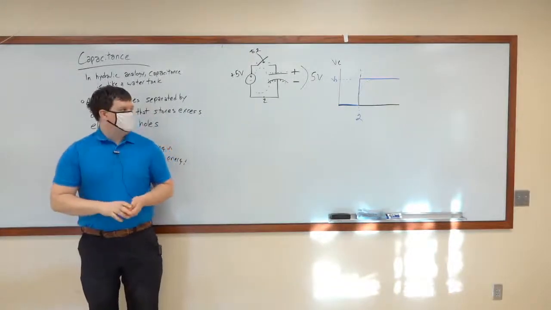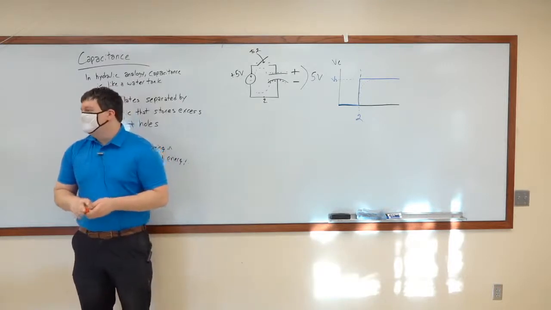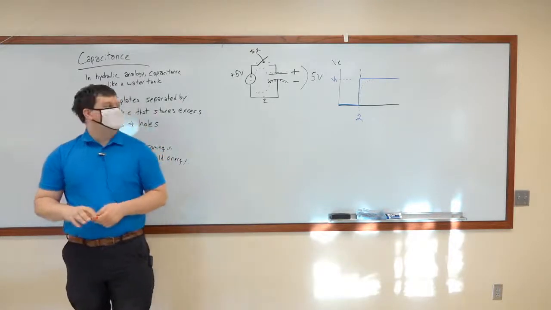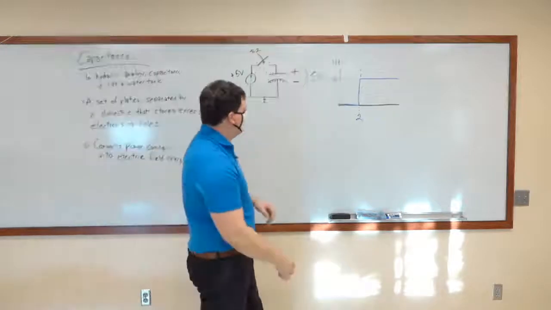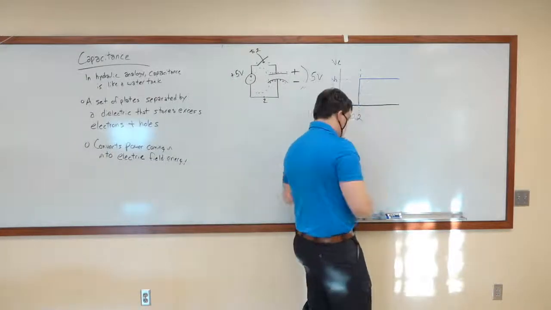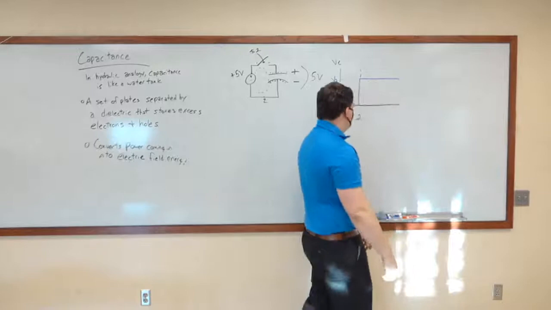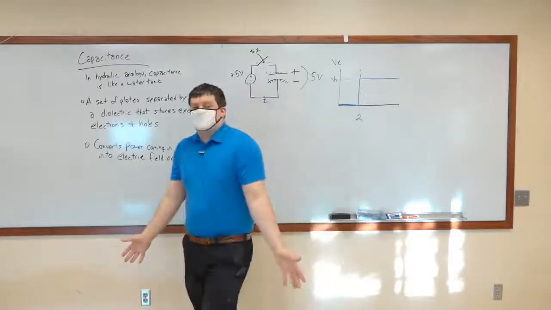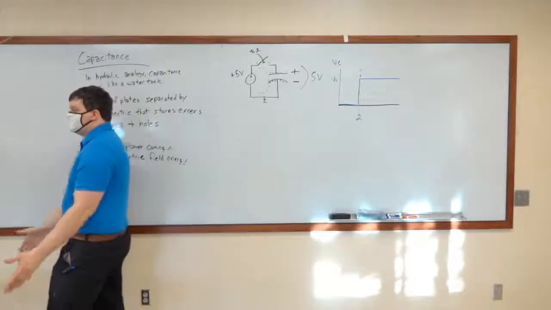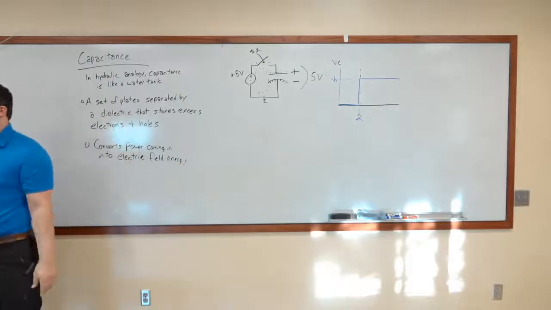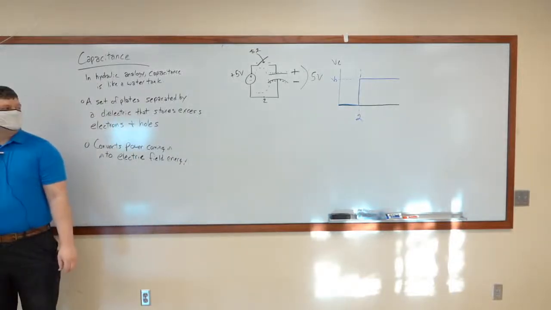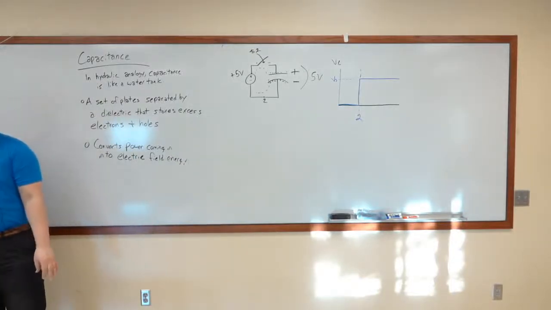Most capacitors charge in a microsecond because they're so small. So yes, this is like 5 microseconds of time, but it charges up and it does have some curve. It's not just a straight line. There is a finite amount of time that it takes to charge that capacitor.